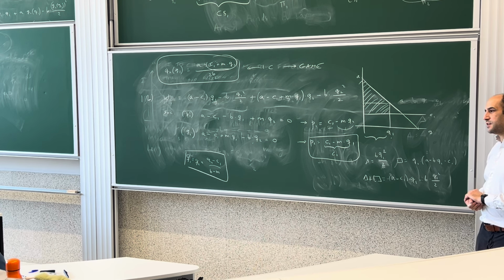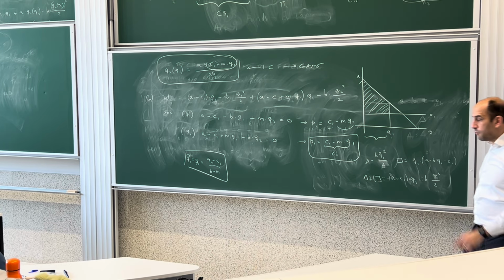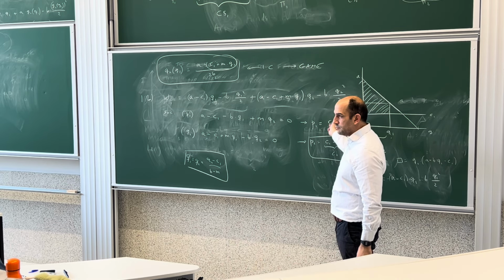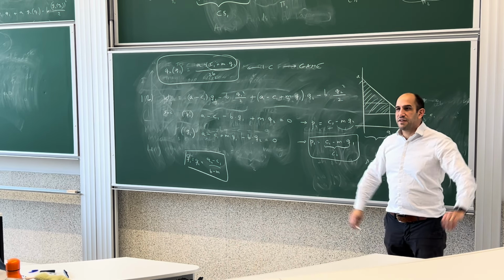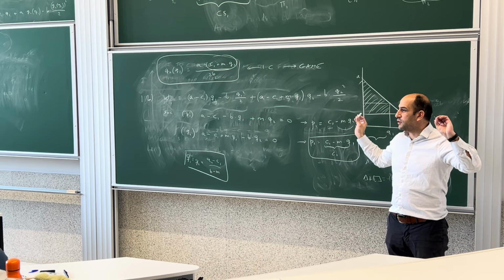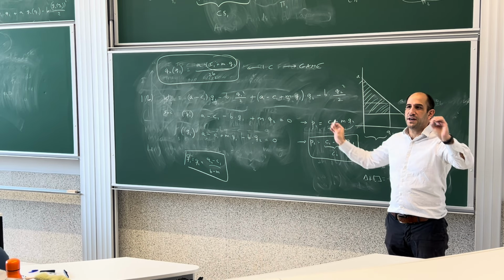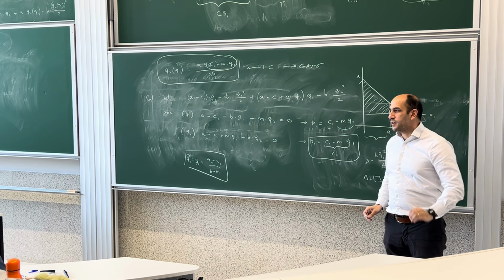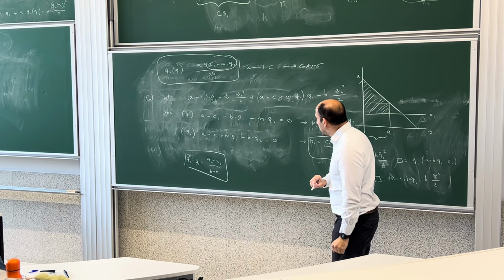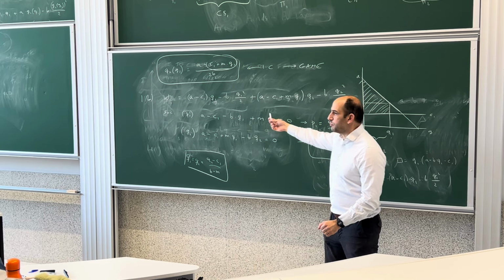So is that marginal cost? Only if you produce 0 in period 2. If you produce 0, it will be marginal cost, because now it's C1. But there's a sense in which we can think of this as marginal cost. Because now we have a two-period problem, right?